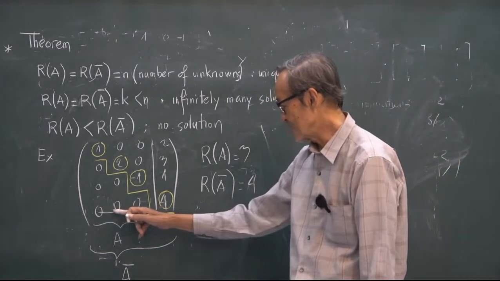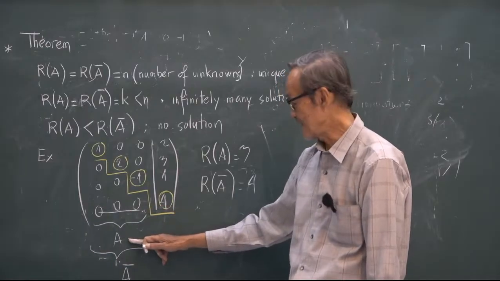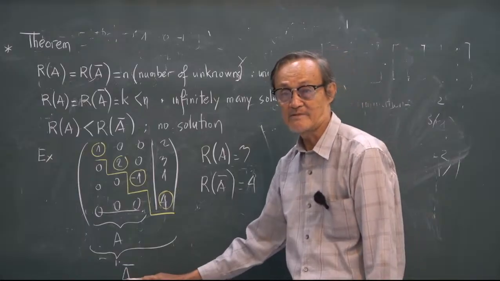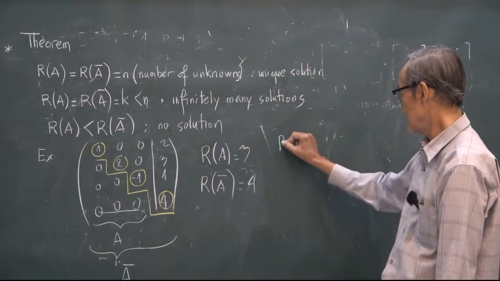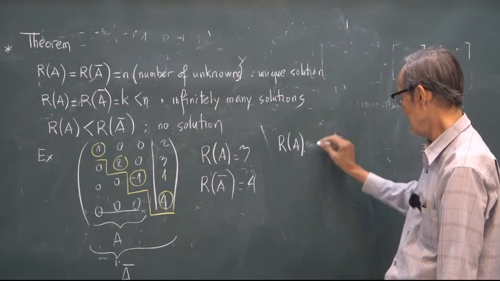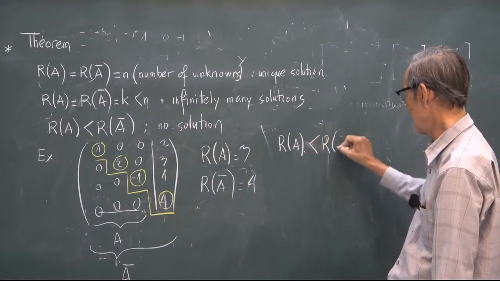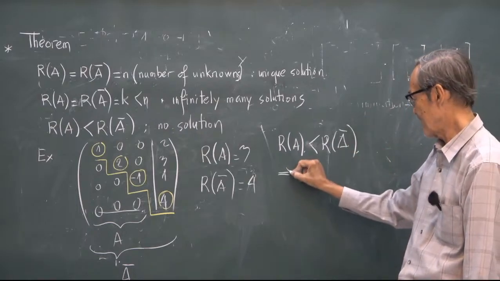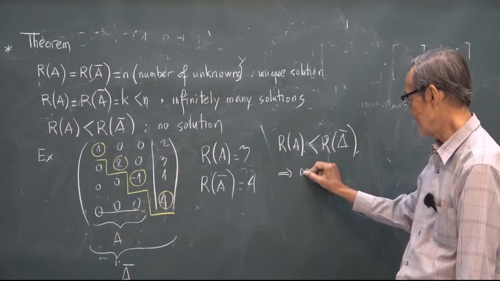This is a zero row of A, but a non-zero row of A upper bar. So we have rank A less than rank A upper bar, which implies no solution.